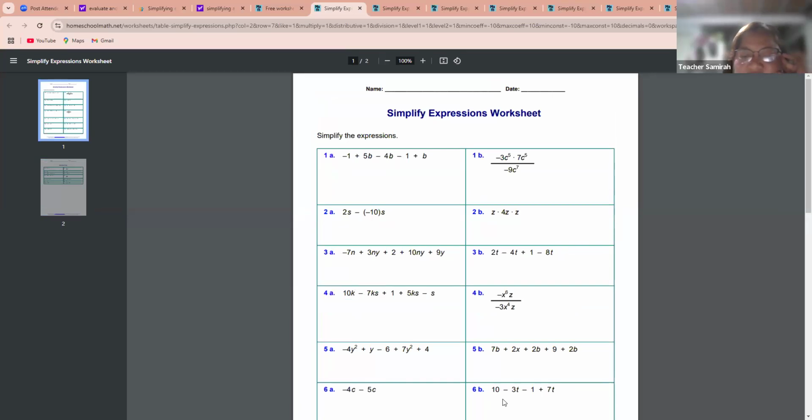How about this number 6? 6b, and I see 3t. Take note, the sign for 3t is negative, right? Negative 3t plus 7t. It's very hard to tell the difference between a minus and a negative.